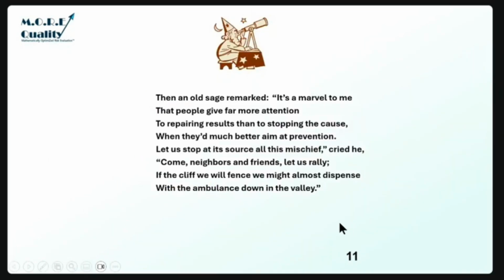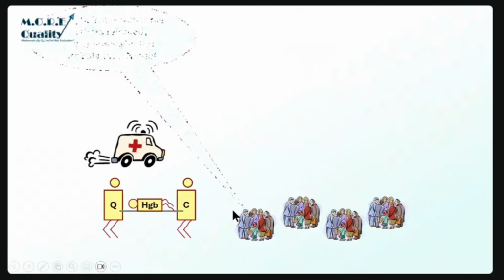Then an old sage remarked, it's a marvel to me that people give far more attention to repairing results than to stopping the cause when they'd much better aim at prevention. Let us stop at its source all this mischief, cried he. Come, neighbors and friends, let us rally. If the cliff we will fence, we might almost dispense with the ambulance down in the valley.